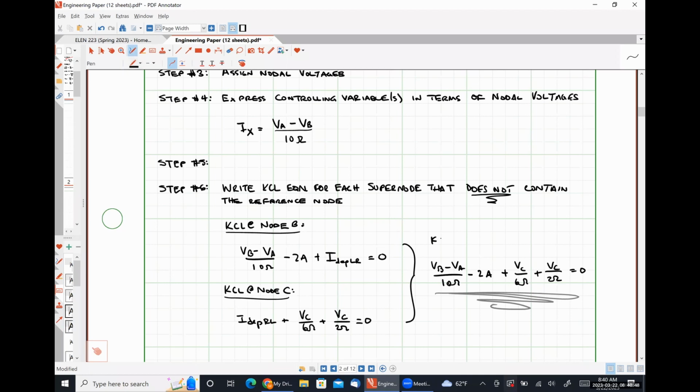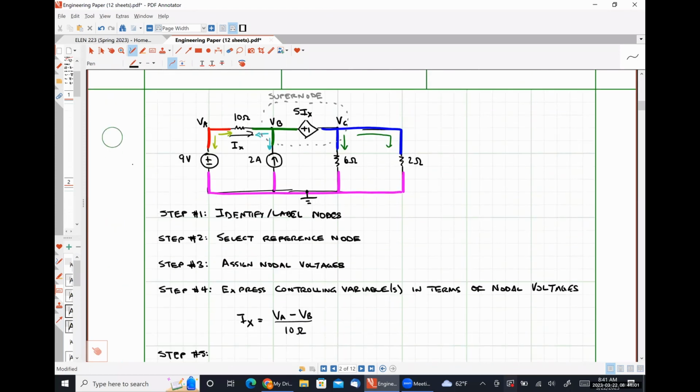So I'm going to call this equation right here KCL at supernode BC, because that's what it represents. How am I going to get another equation for nodes B and C? If there are two nodes in that supernode, I should be able to get two equations out of it.